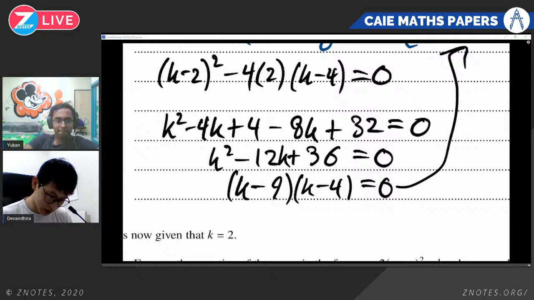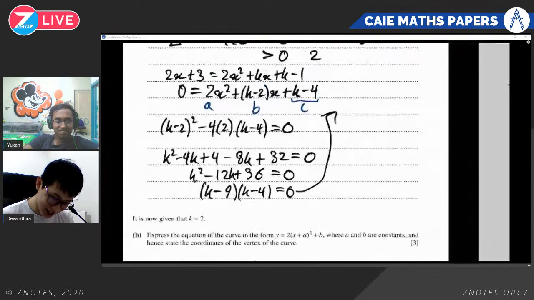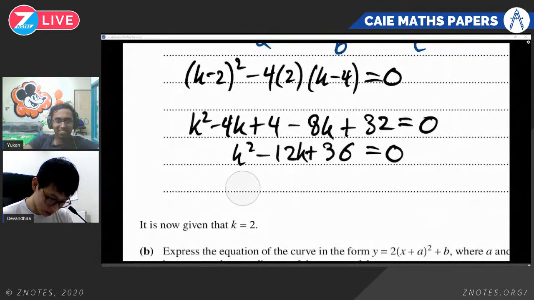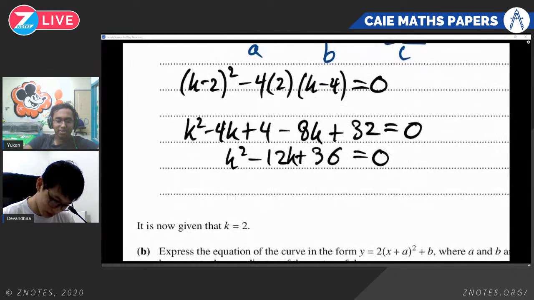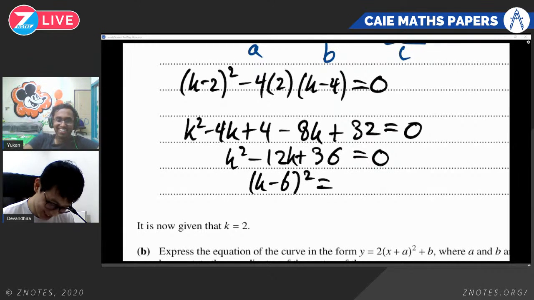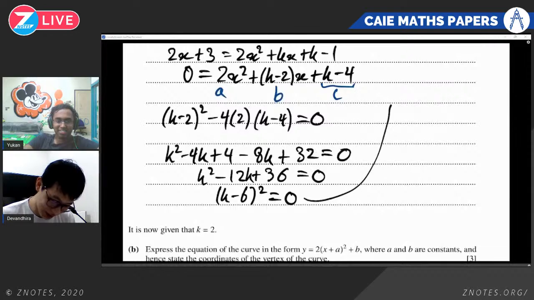Oh my god. Oh god. Thank you for being here with me. 9 and 4. Oh yeah, it doesn't work. It is k minus 6 squared. Oh yeah. Oh god, I'm so sorry, guys.